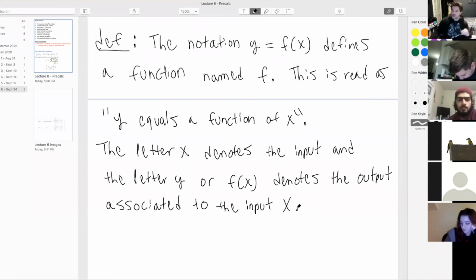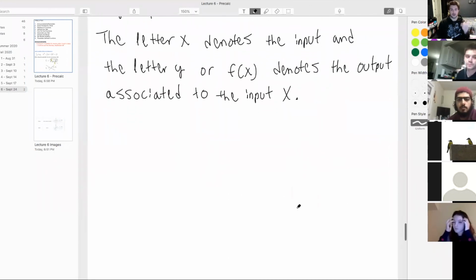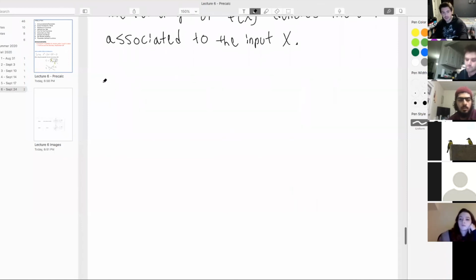Let's do an example utilizing this new notation.